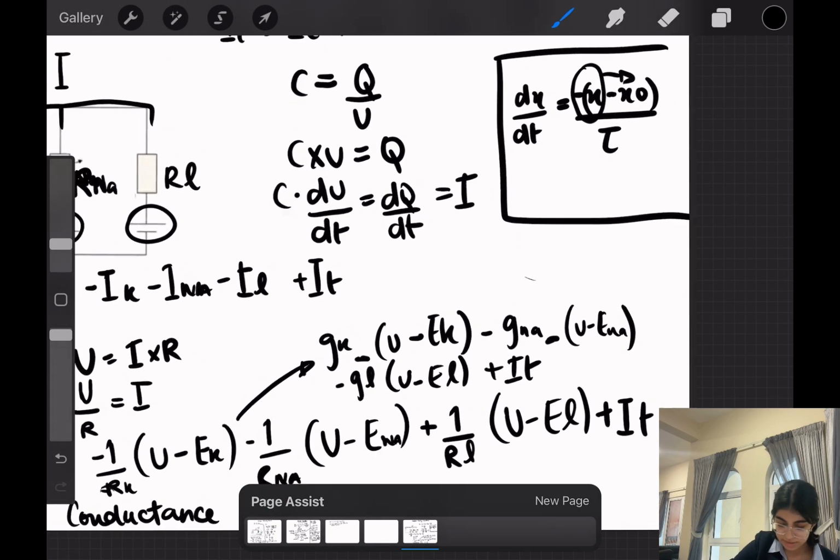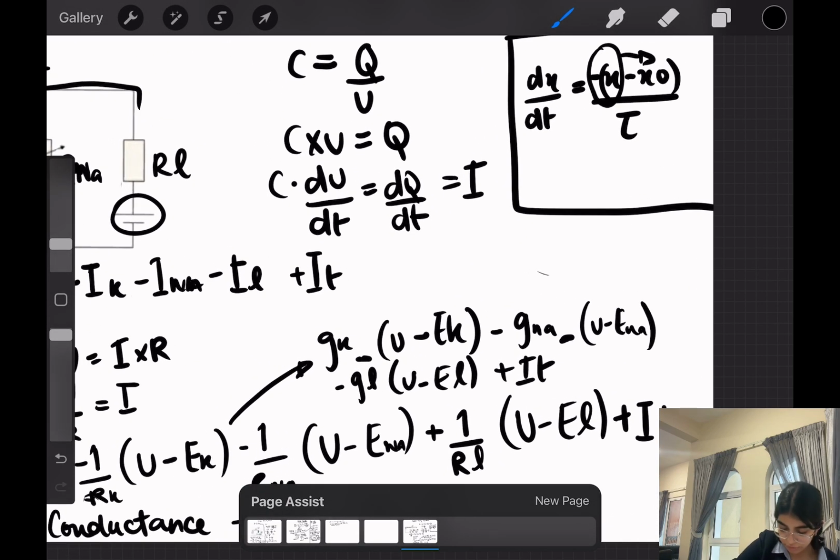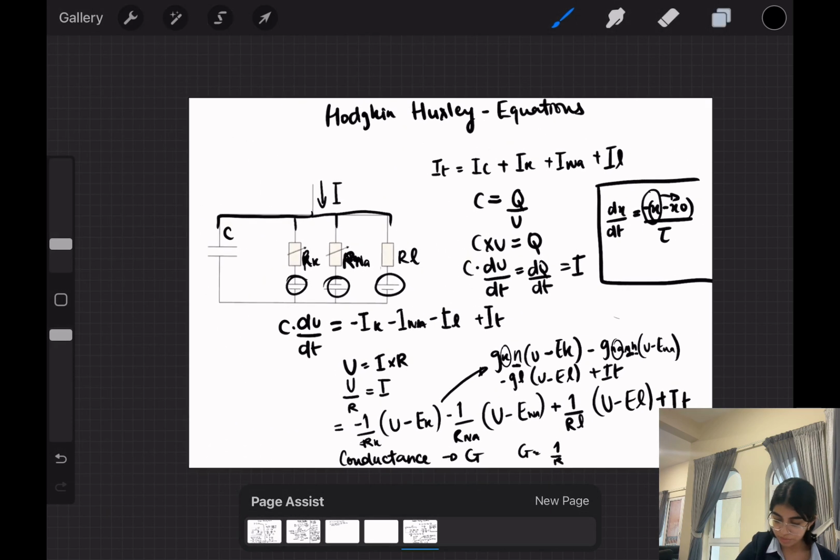So these gaps I will fill now. For potassium, the gating variable is N, and for sodium it has 2. It has M and H. Let me move on to a new page.